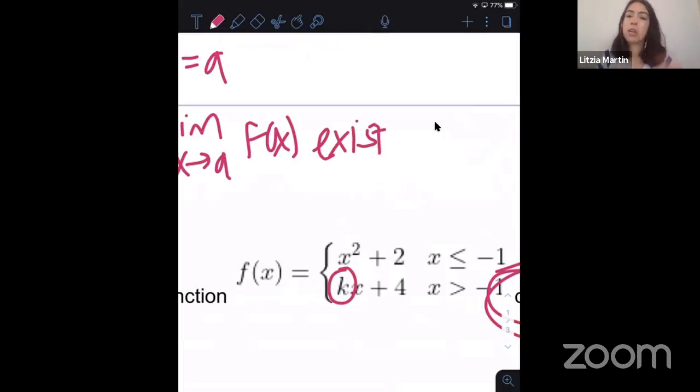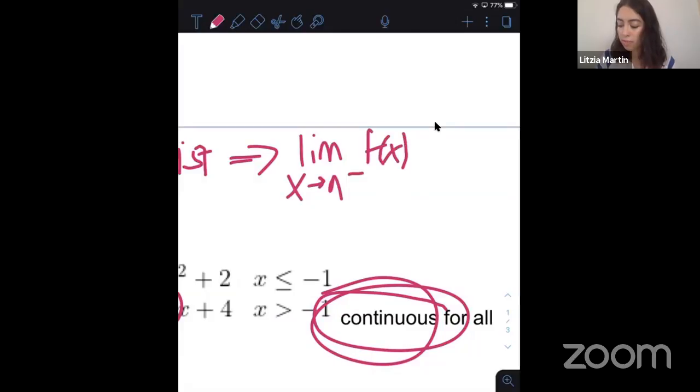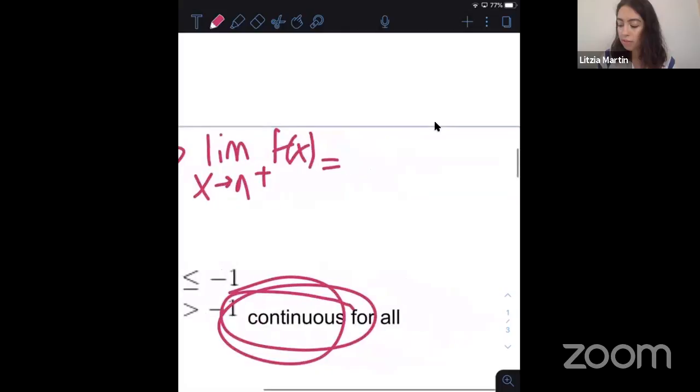Does the limit exist? Now, how do we check if a limit exists? Kind of like a sub-test here. The limit from the right side must equal the limit from the left side, right? So if those 2 limits from each side are equal, then that means the limit exists.